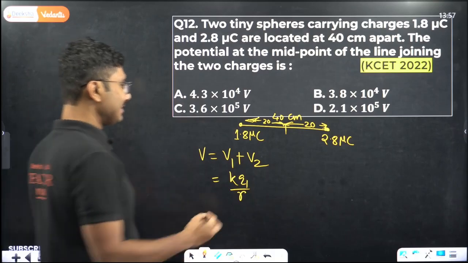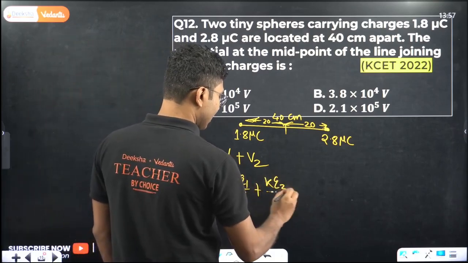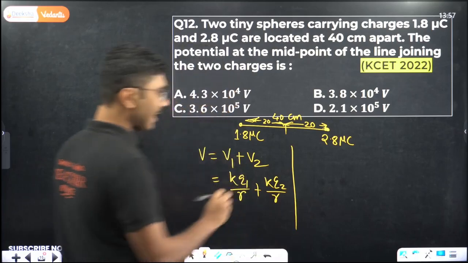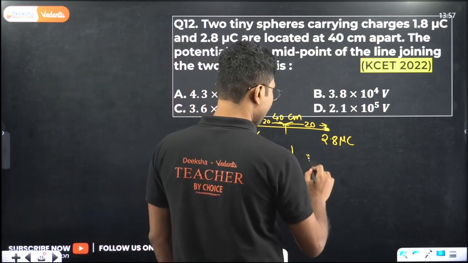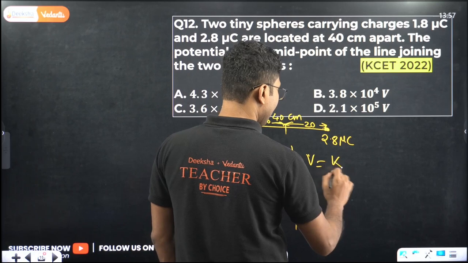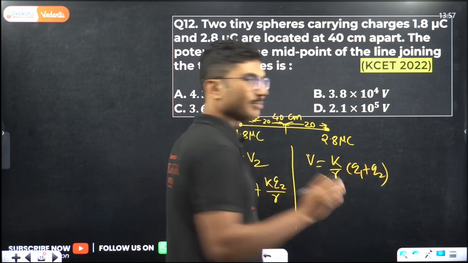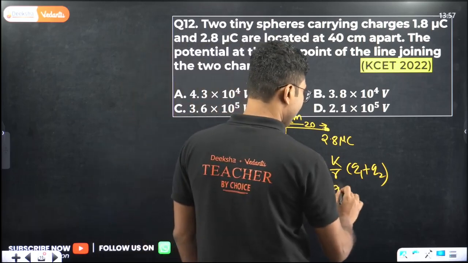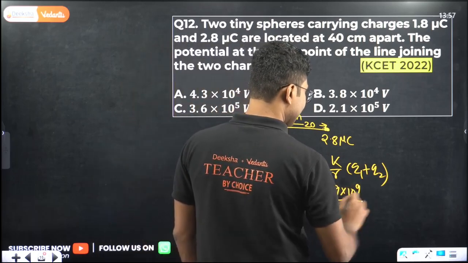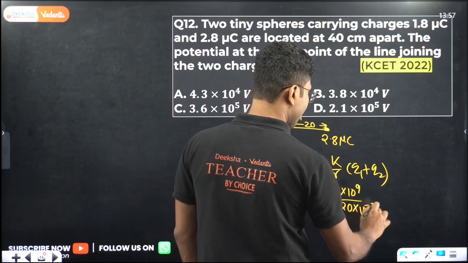So let's simplify it quickly. Do not use a lot of calculations. We like to solve it as quickly as possible. So the total potential will be K by R times Q1 plus Q2. As simple as that. So what is K? K is 9 into 10 to the power of 9. The distance is 20 centimeter, that is 20 into 10 to the power of minus 2.